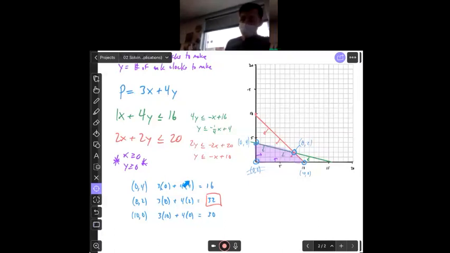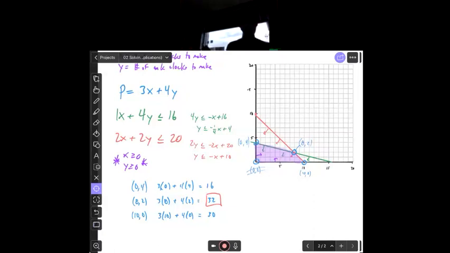So again, don't always think it's the middle one of these. It's not by any means. These points here were not related to this equation at all. So it's not until we go back and plug them back in that we actually know which one's best. It just happens to be that both times it was the middle one.